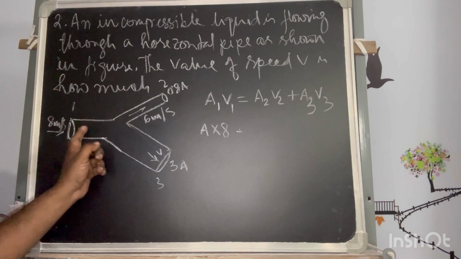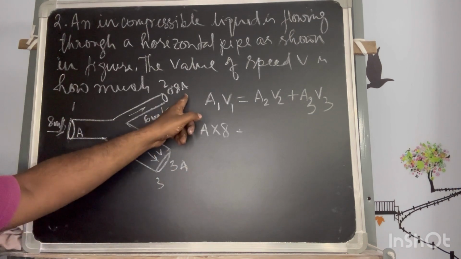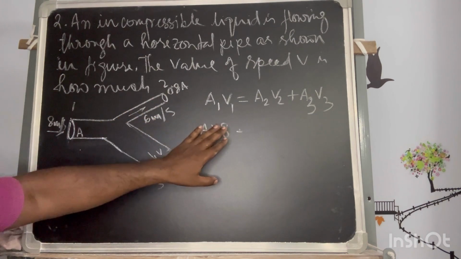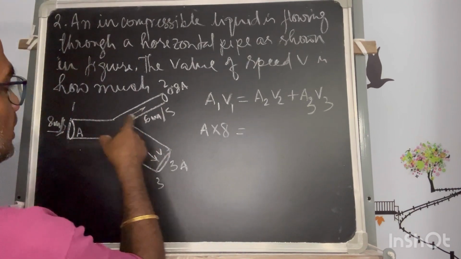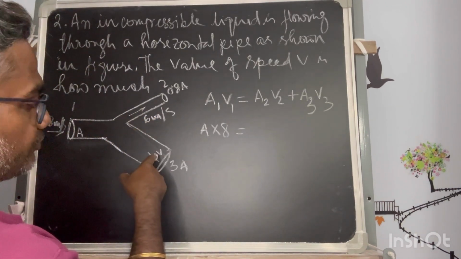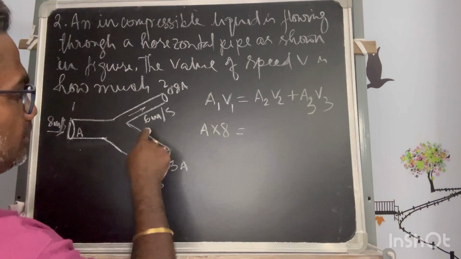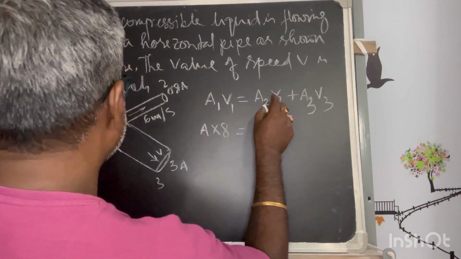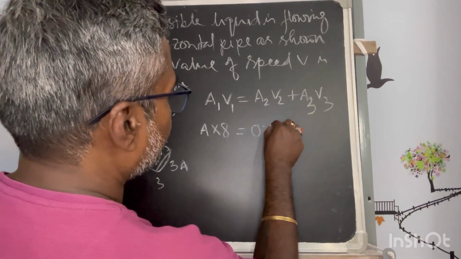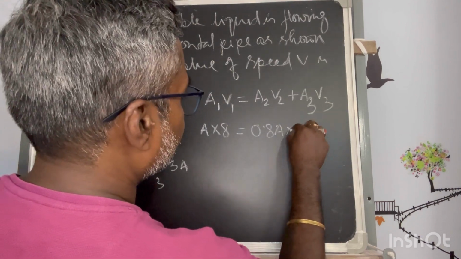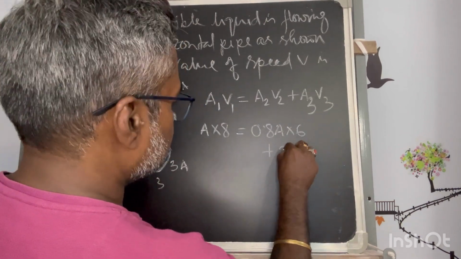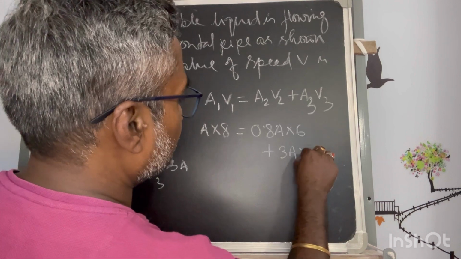These are comparative areas, so I need not worry about the units, and velocity has the same units, so whatever V I find here will be in meter per second. A2 is 0.8A and velocity is 6, A3 is 3A and velocity is V.